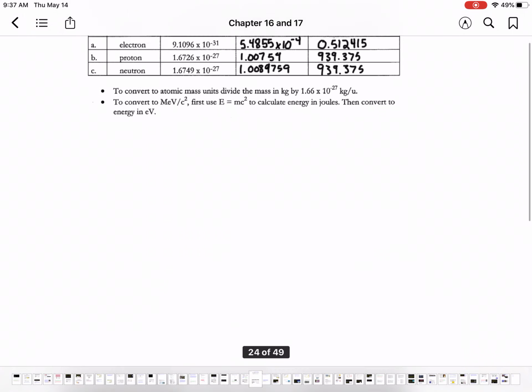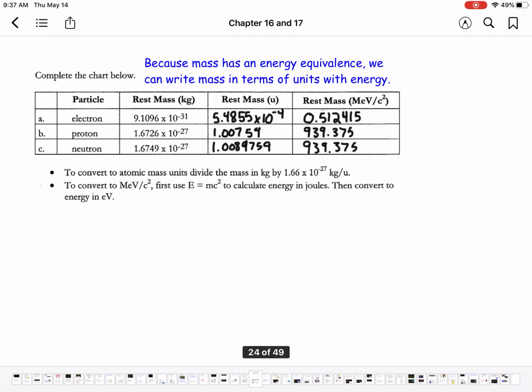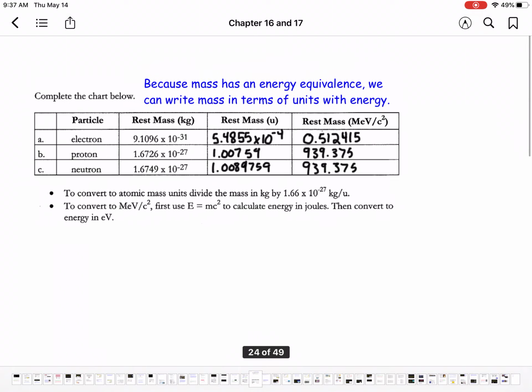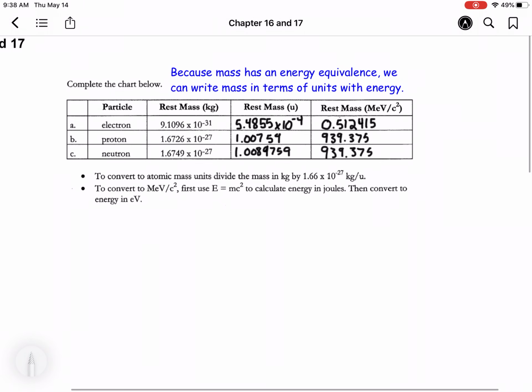The first thing we talk about is how mass can be measured in kilograms, in U, or in this new unit, mega electron volts per speed of light squared.